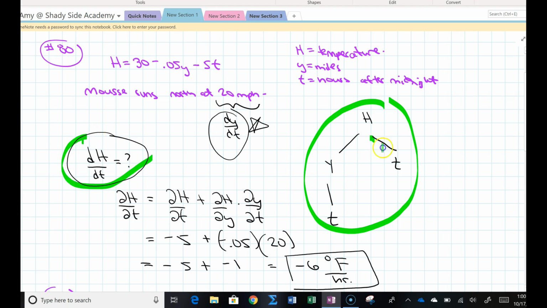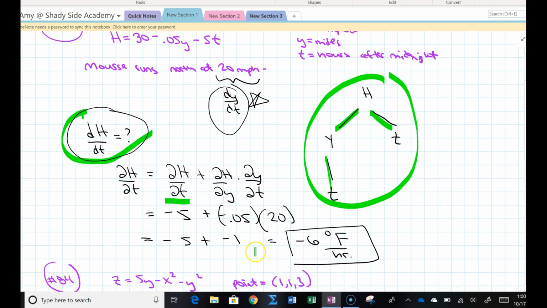You have to take the partial of h with respect to t, add it to dh/dy times dy/dt, and then here are just my values, okay? And at the end of the day, the moose is perceiving the temperature to be changing at a rate of -6 degrees Fahrenheit per hour, or the temperature is dropping 6 degrees per hour as he heads north of the Canadian border, which actually makes some sense, unlike the bongo question.